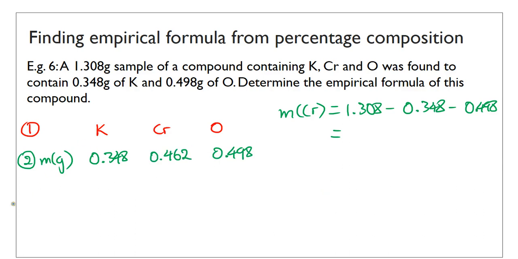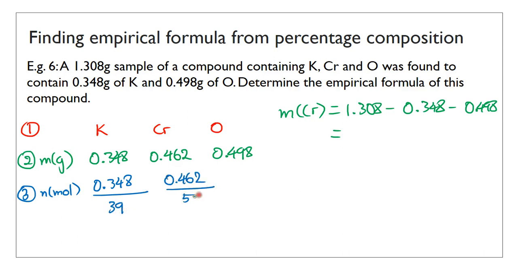Okay, so we're going to go with number of moles. So you need to look up the molar mass of each element from the periodic table. For potassium it will be 39, for chromium I think it is 52, and oxygen is 16. Let's hope I remember that correctly. So do the math.